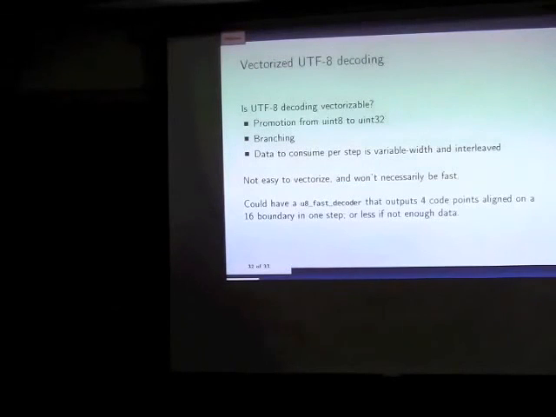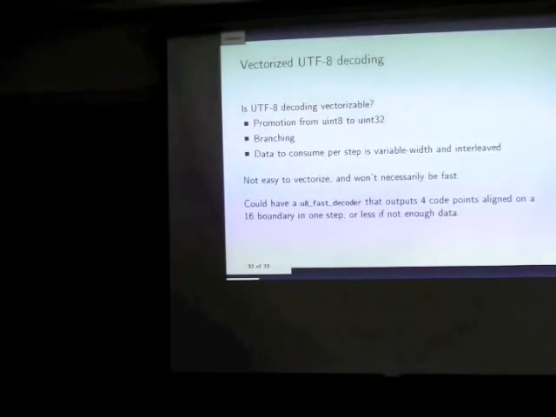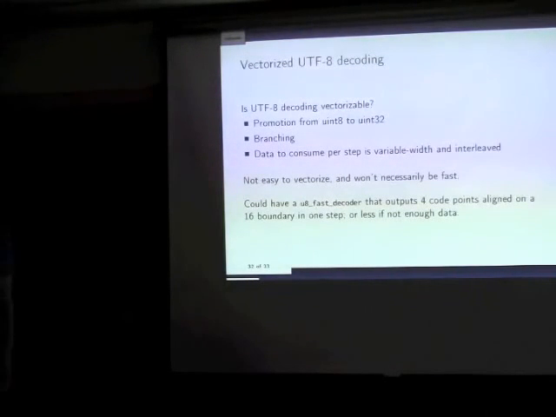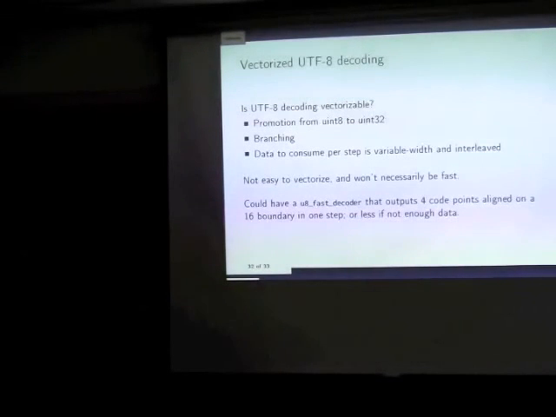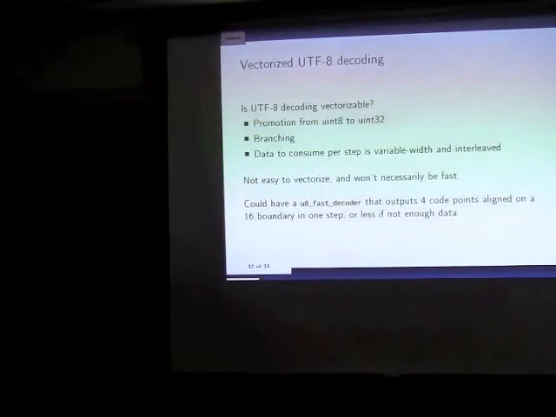So we could define within the system a new decoder, a U8 fast decoder. Instead of the normal U8 decoder, which reads 1 to 4 bytes and writes one code point, a fast decoder will have to produce 4 code points, because we would do it in parallel.